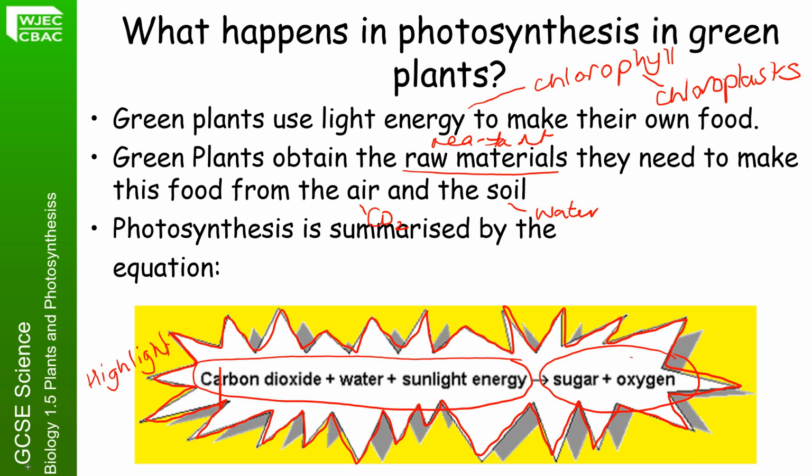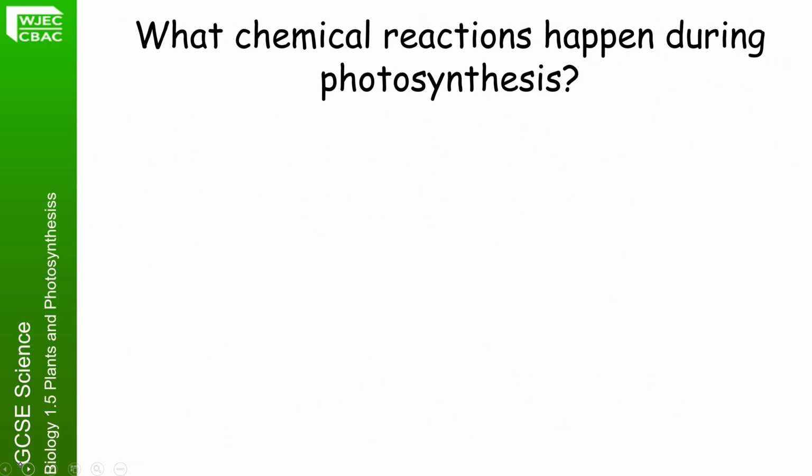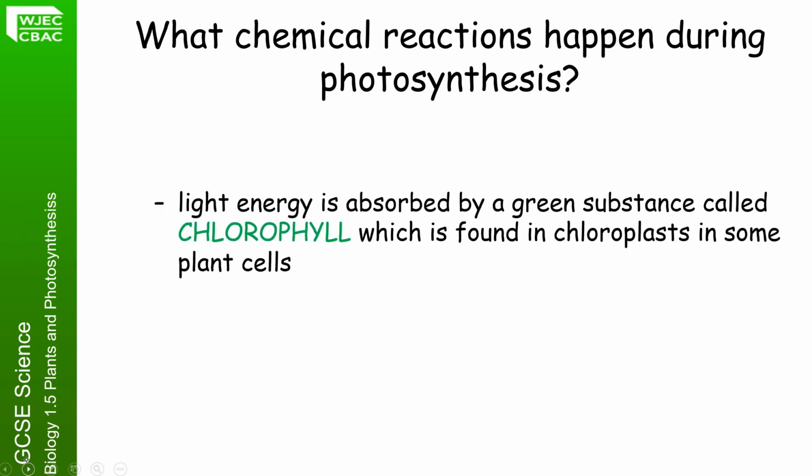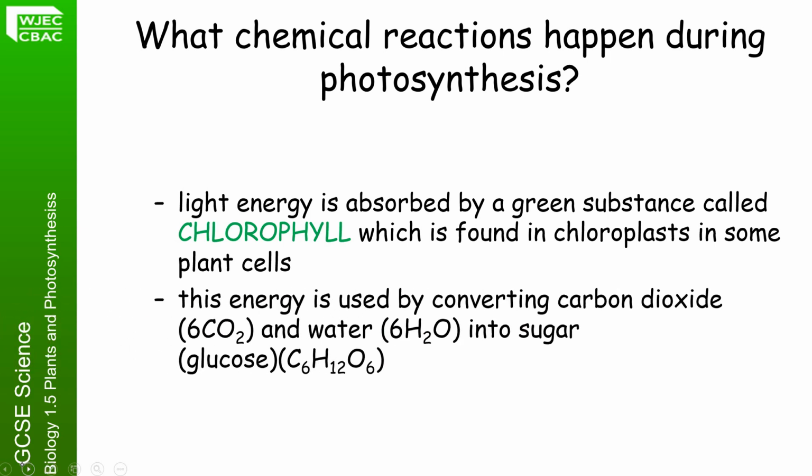So if we visualise what is happening in a green plant, at the bottom of the page we've got a picture that looks like this one that's going to come up in a second. So we've already mentioned light energy being trapped by chlorophyll found in chloroplasts. We've mentioned that it uses this energy to convert the carbon dioxide, there's our CO2, and our water into a sugar that we call glucose. And glucose is a carbohydrate.